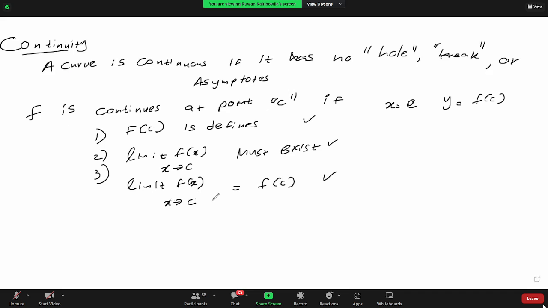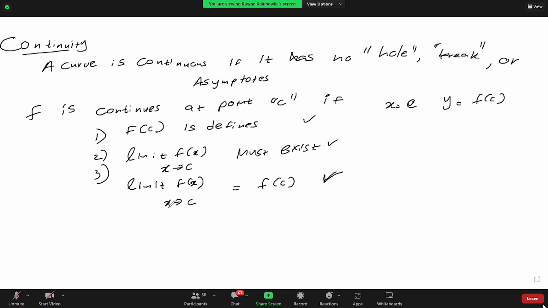So if you see directly that the limit of f(x) when x approaches c is equal to f(c), that means definitely f is continuous. No need to verify the other two, because if this third part is true, the other two are already true.